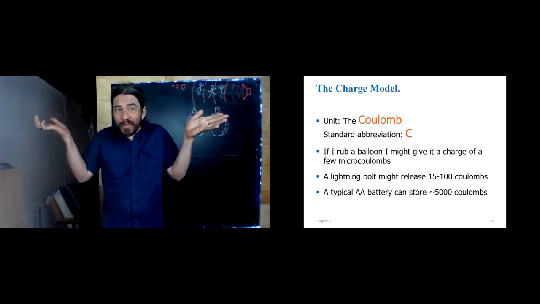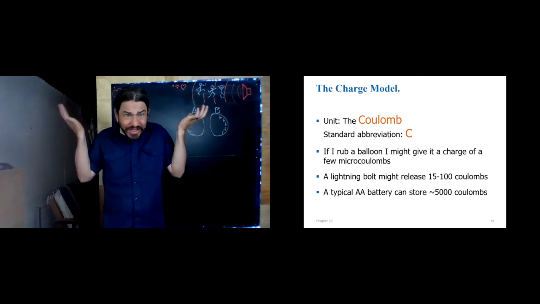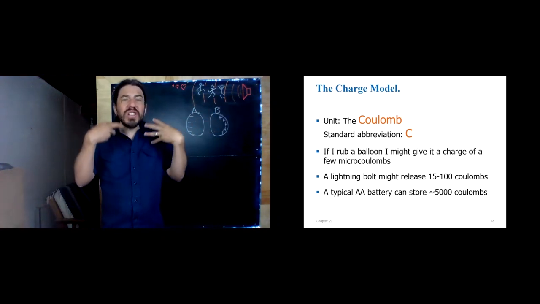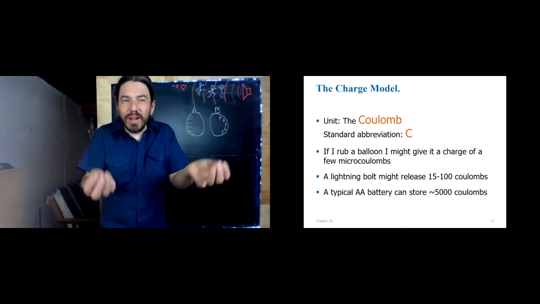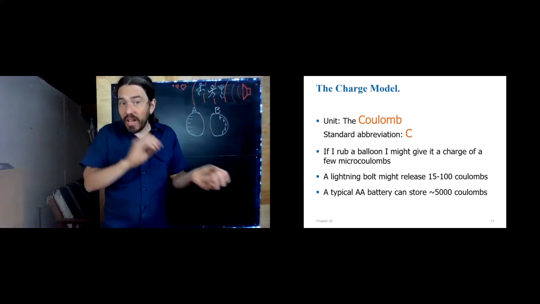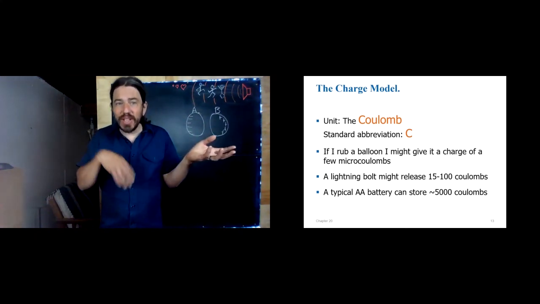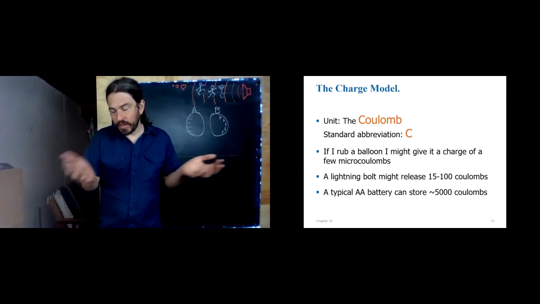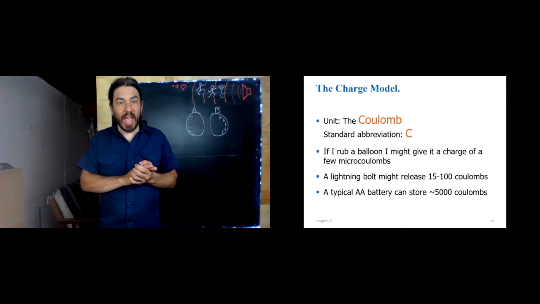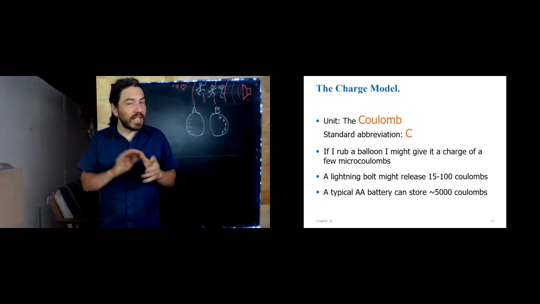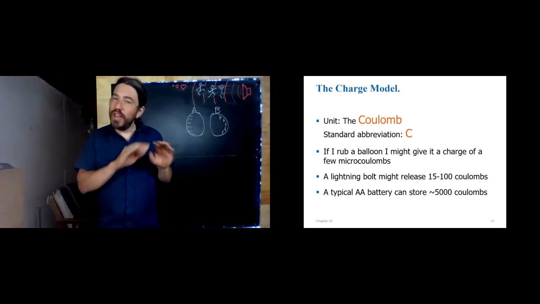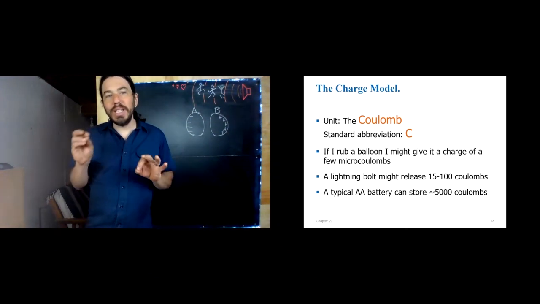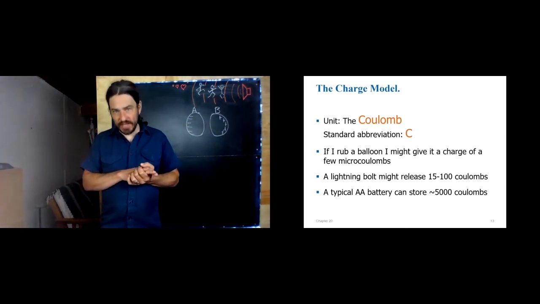Why does an electron have that mass? I don't know. It just does, right? So charge is an intrinsic property of some types of matter. The other thing about it is it can come in positive and negative. There are two types of charge. And if something's neutral, it doesn't mean there's no positives and no negatives. It means there are approximately equal numbers of positives and negatives.